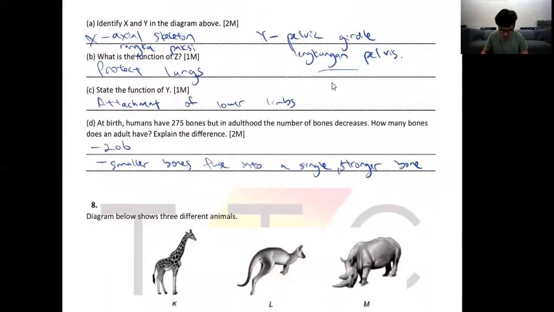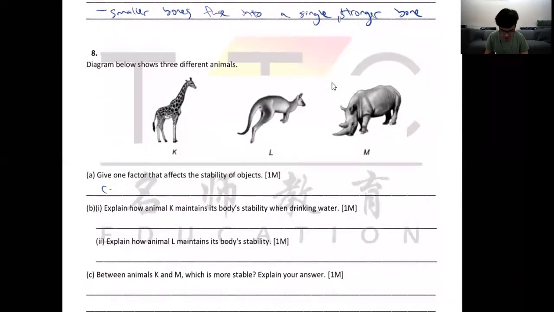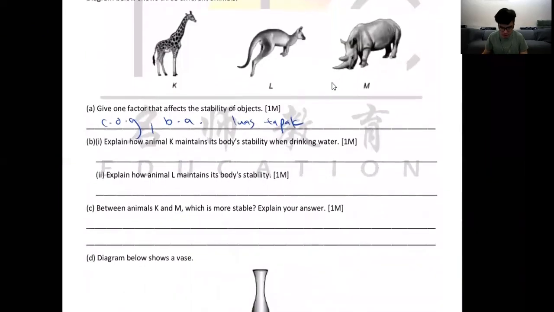All right, next, number 8, this is your stability. One factor that affects stability is your center of gravity and your base area, pusat gravity dan luas tapak. So B1, explain how animal K maintains its body stability when drinking water. Open its legs, membuka kakinya. How does L maintain body stability?